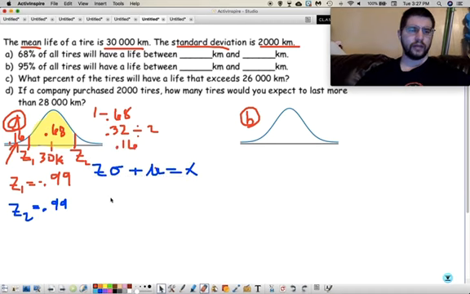So I'm going to take the negative 0.99 times my standard deviation of 2,000 and add that to the mean of 30,000. So for z1, I'll do it in red. We have negative 0.99 times standard deviation of 2,000 plus my mean, 30,000.